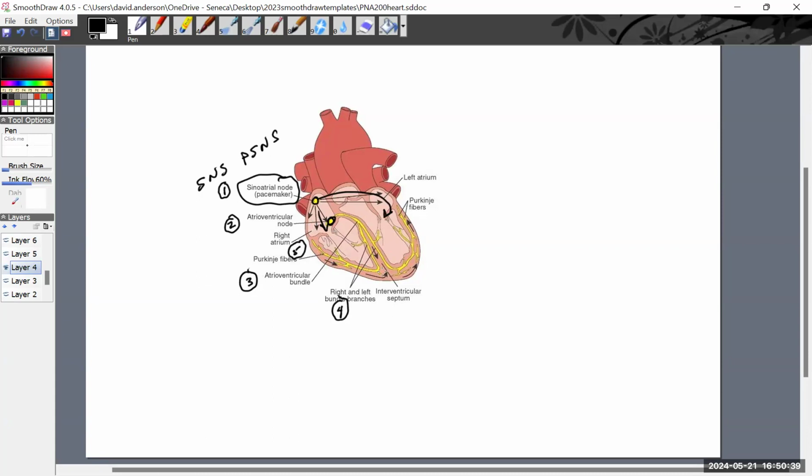And the Purkinje fibers contract up towards the valves. There's the valve for the aorta right there, and the valve for the pulmonary trunk is what I just drew in black right there. Okay, so we're getting a contraction from bottom up in the ventricles and from top down in the atrium. And the delay is created starting at the AV node and added to by numbers 3, 4, and then finished on 5.